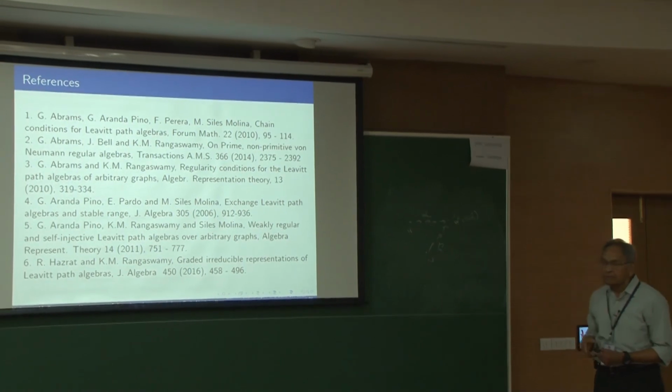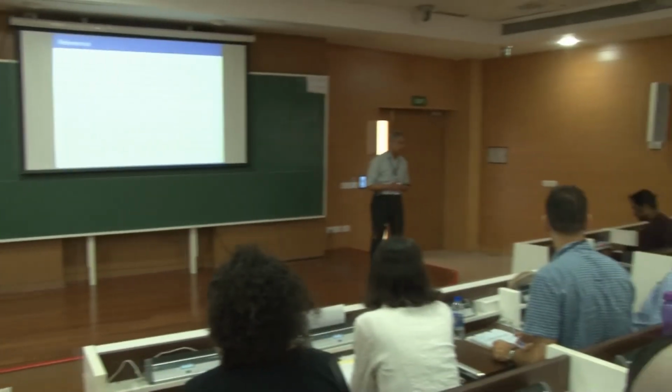Any questions? This DCC condition, which is proved by Nuran, Pino and Molina, does this basically say that this algebra is AF, in the C-star sense?